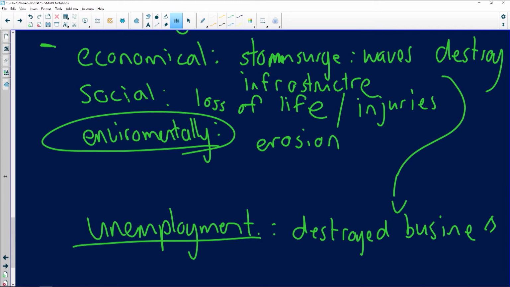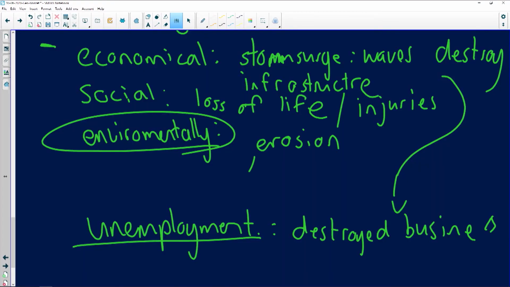Depending how far the storm goes inland, it can cause erosion, because we're talking about the amount of water, because we experience flooding. So what happens with this eroding? Topsoil, we're talking fertile soil, goes lost.